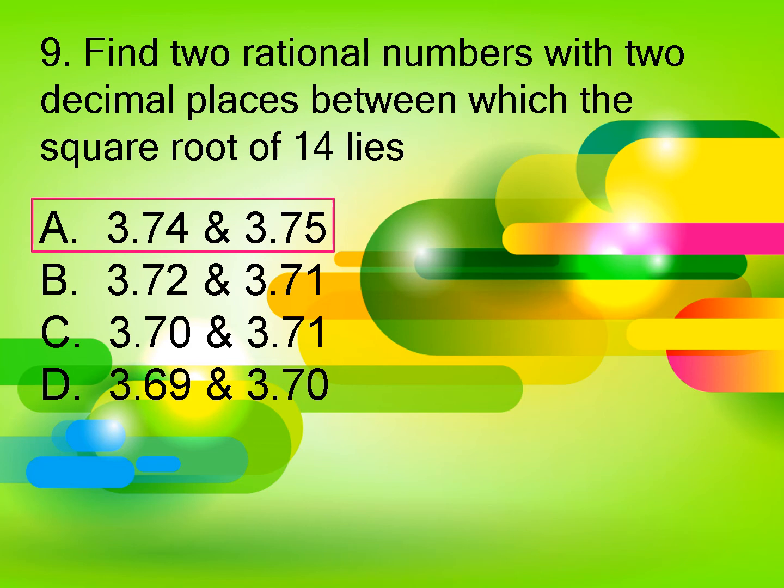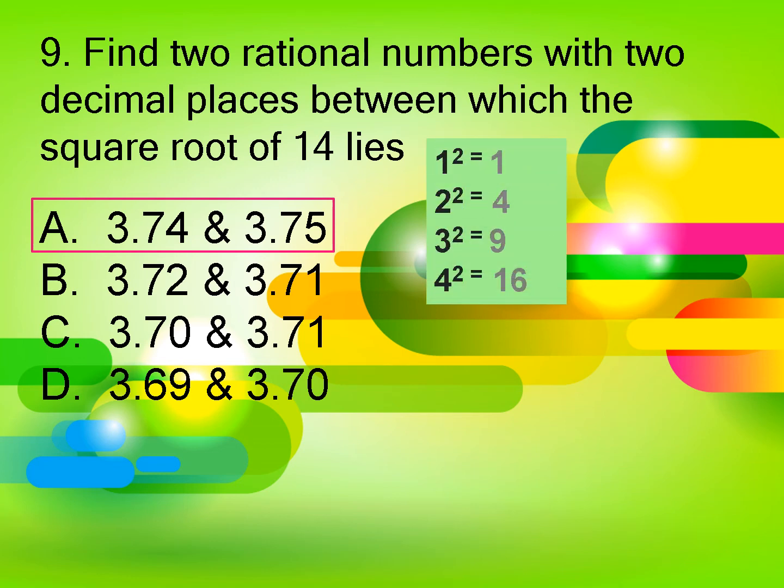Let's try to check why the answer is 3.74 and 3.75. So we have here the first 4 perfect squares. 1 squared is 1, 2 squared is 4, 3 squared is 9, 4 squared is 16. So 14 is between 9 and 16. So the square root of 9 is 3, the square root of 16 is 4, meaning the square root of 14 is in between 3 and 4.